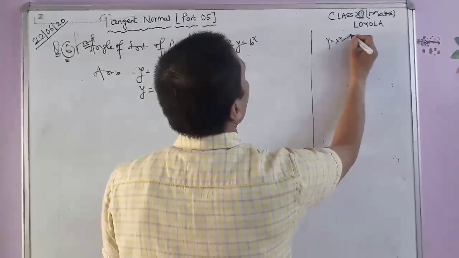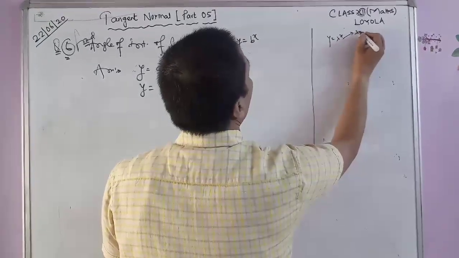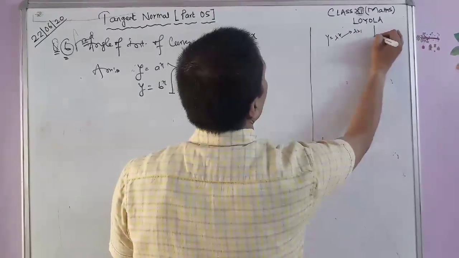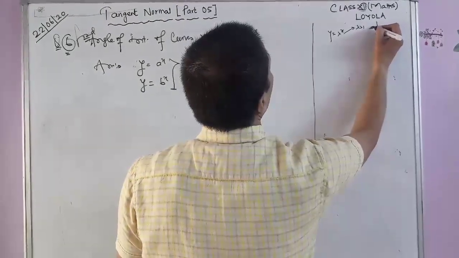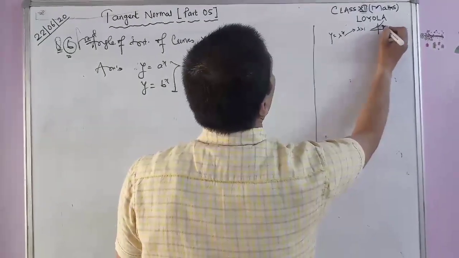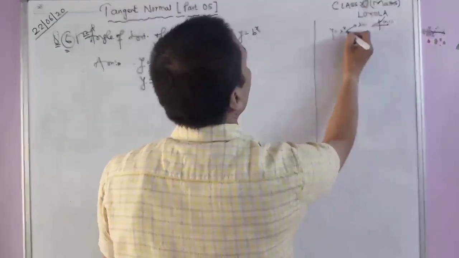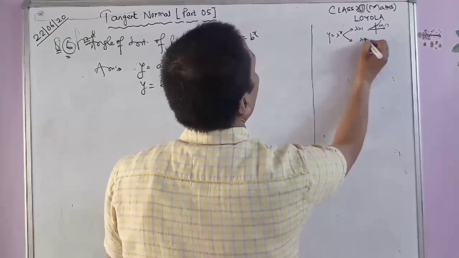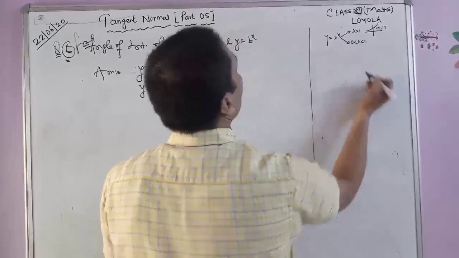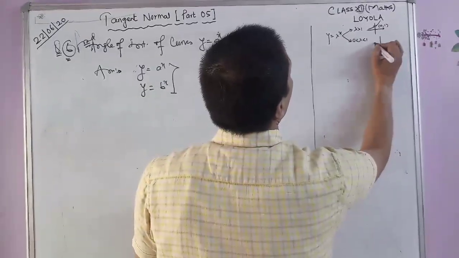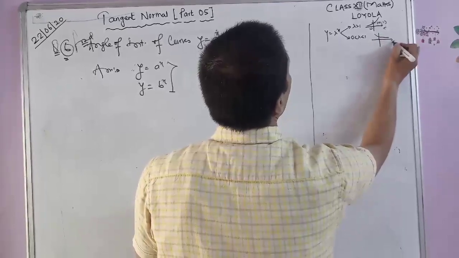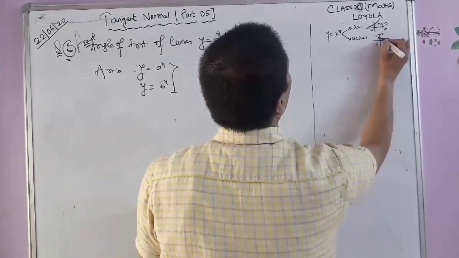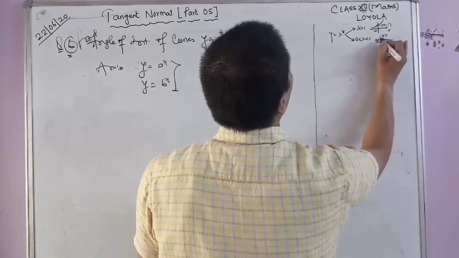We have two possibilities. Lambda greater than 1: in such a case, the graph of the exponential function will be this, crossing at (0, 1). When lambda lies between 0 and 1, the graph will be this, again crossing at (0, 1).